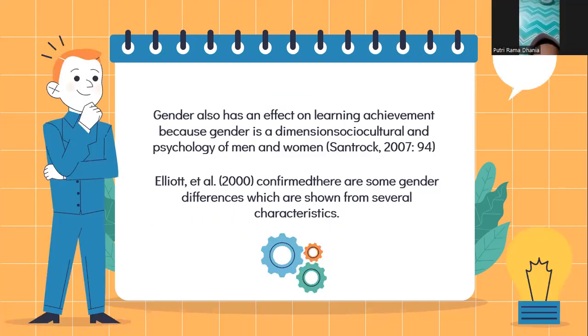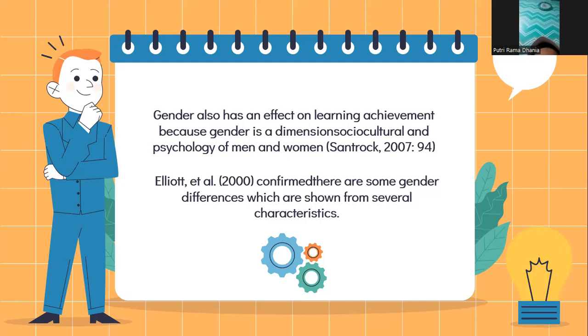Okay, the first, gender. Gender also has an effect on learning achievement because gender is a sociocultural and psychological dimension of man and woman, Santrock 2007. Elliot et al. 2000 confirmed there are some gender differences which are shown from several characteristics.